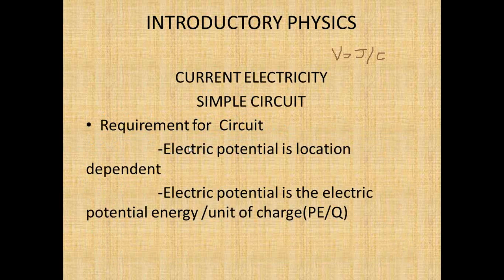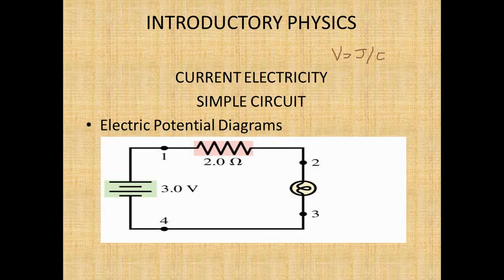So electric potential is location dependent. It depends on where the charge is. If you have a charge closer to, let's go over that. So this is our positive terminal or negative terminal.